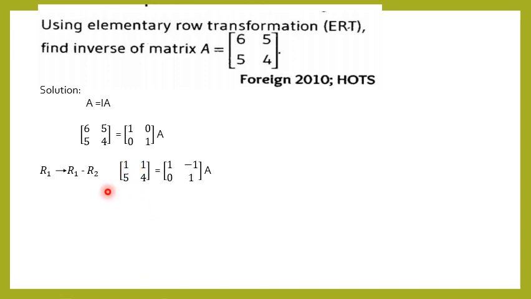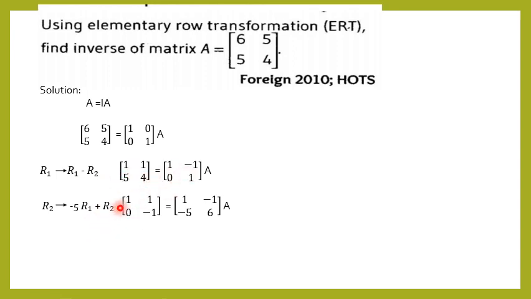Then it becomes very easy to find the inverse of a matrix. So, you multiply the first row with the additive inverse of 5. What is the additive inverse of 5? Minus 5. So, minus 5 into R1 plus this row.